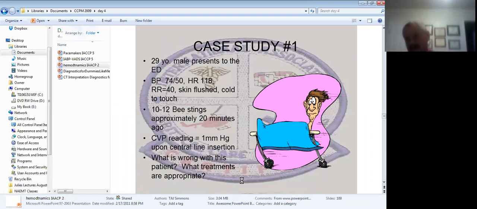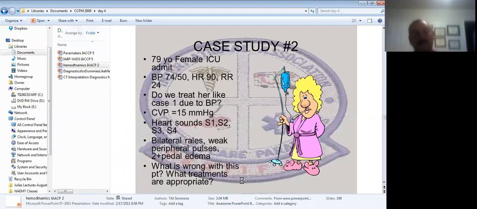In this case, we suspect that this patient's capillary beds are now leaking. So consequently, fluid is maybe in the container, but in the wrong space in the container. So time in order to support that patient's blood pressure.